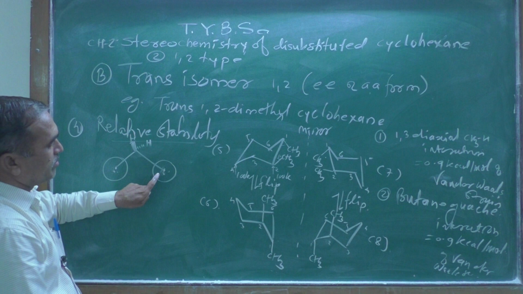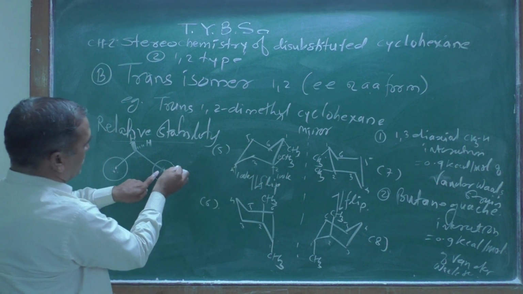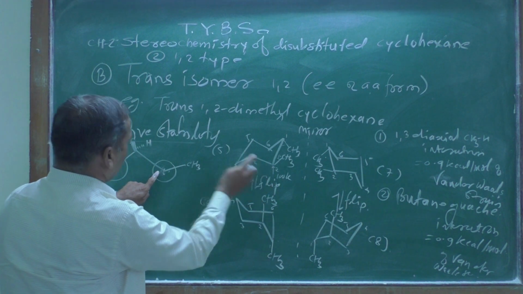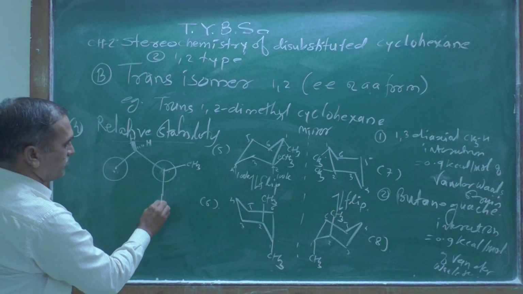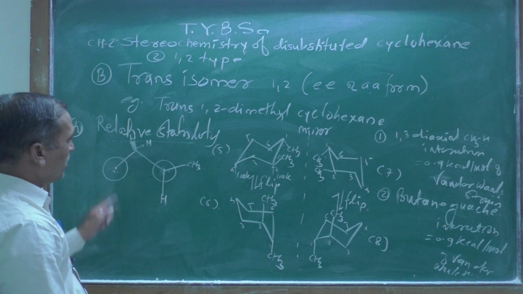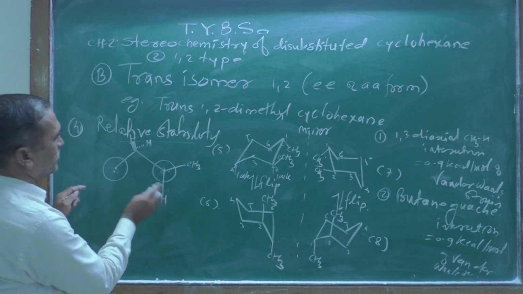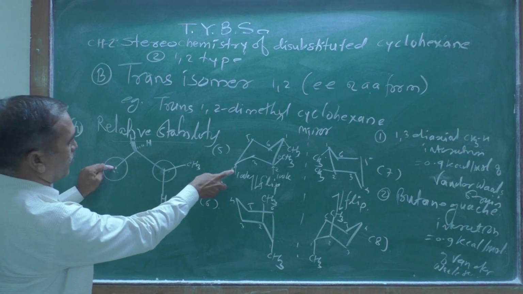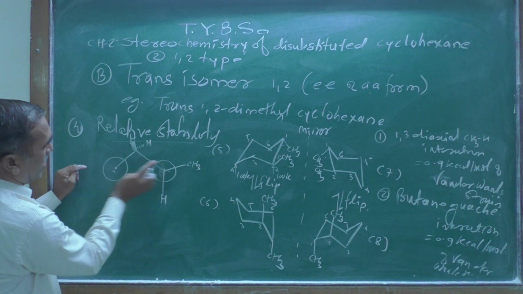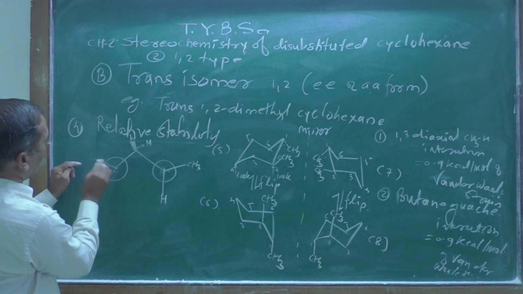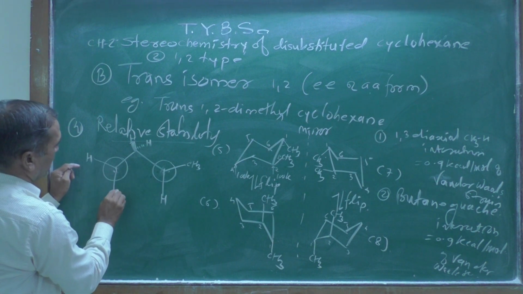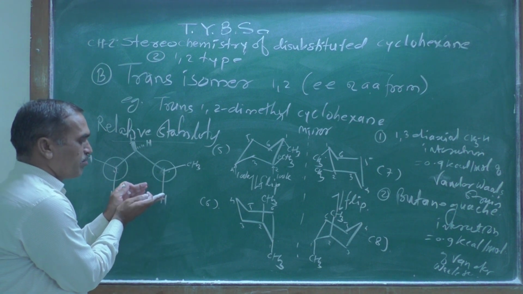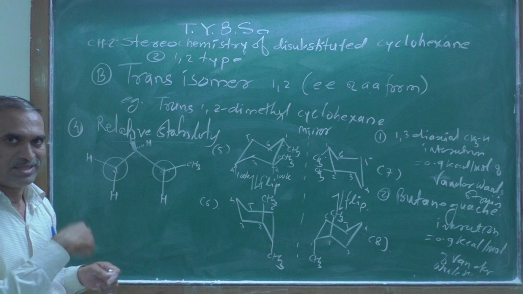Now at carbon number 2, one methyl group is present here, you can draw one methyl group here, and another one is a hydrogen atom, we can show the hydrogen atom like this. Now at carbon number 4, both are hydrogen, one which is present here, another must be present here. I have drawn these bonds up to the circle point.